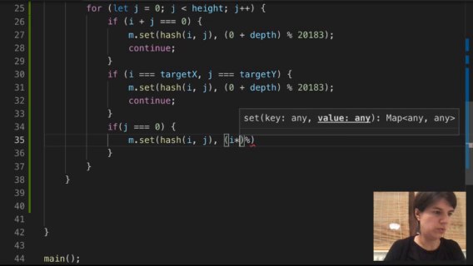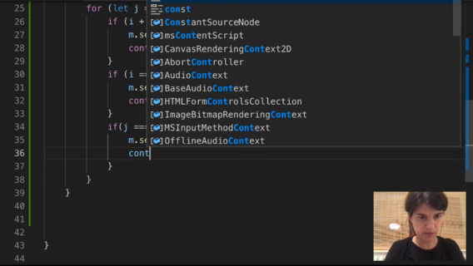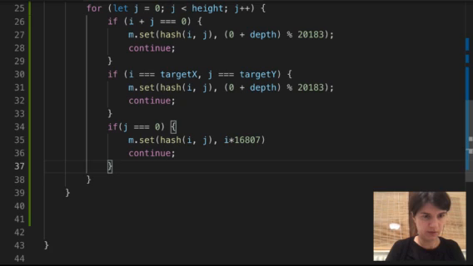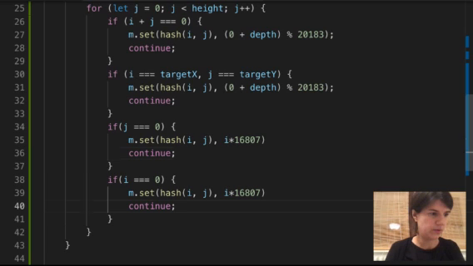Oh, I guess there was no modulo operation here. If i is equal to 0, then we're setting ij to the y value multiplied by 48271.